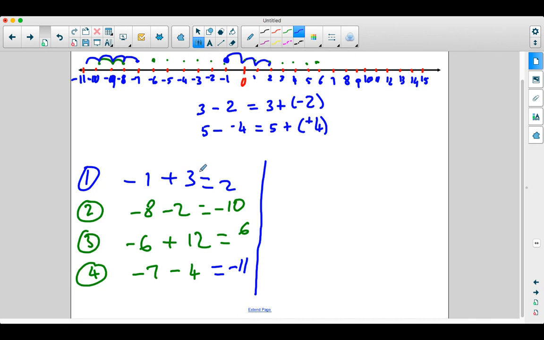And because we have more positive, our answer is positive. Okay. And when the signs are the same, we start at negative 8 and we went down 2 more in the negative direction. So we basically add 8 to 2, but we kept the sign negative.